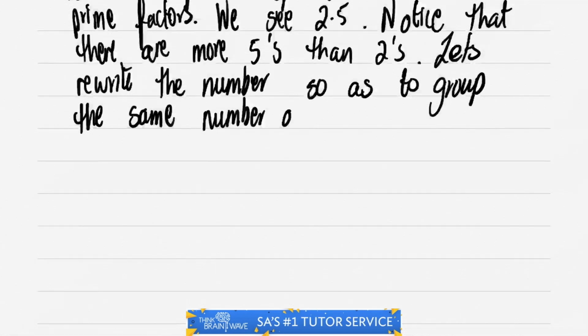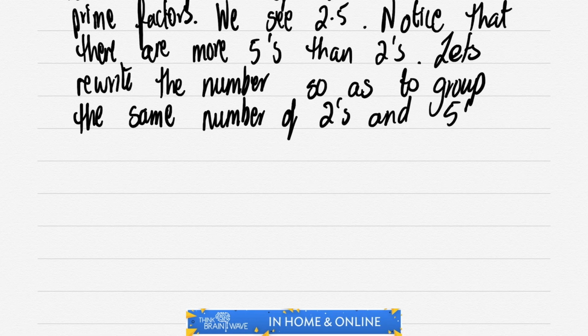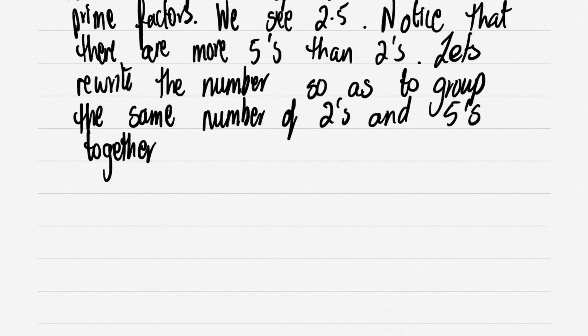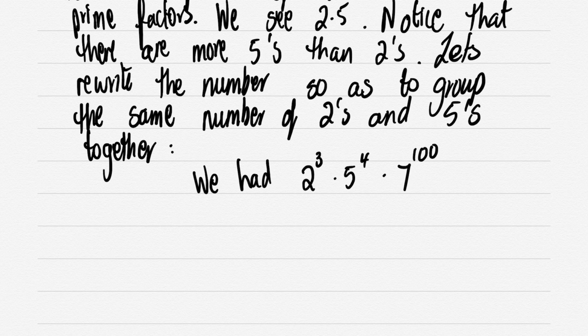You naturally want to be seeing the same number of 2s multiplied by the same number of 5s. Anything after that we'll deal with accordingly. So what are the numbers that we have? We've got 2 to the power of 3, 5 to the power of 4, and 7 to the power of 100. That's literally the same as saying 2 to the power of 3 times 5 to the power of 3 times 5 again times 7 to the 100.